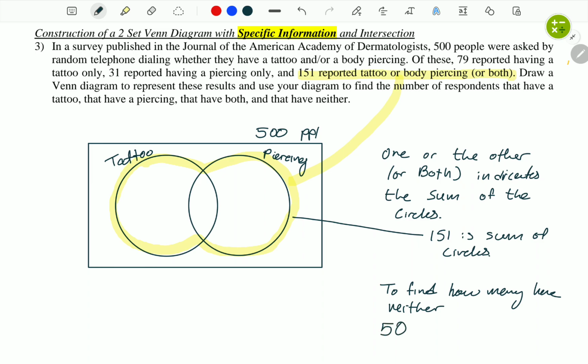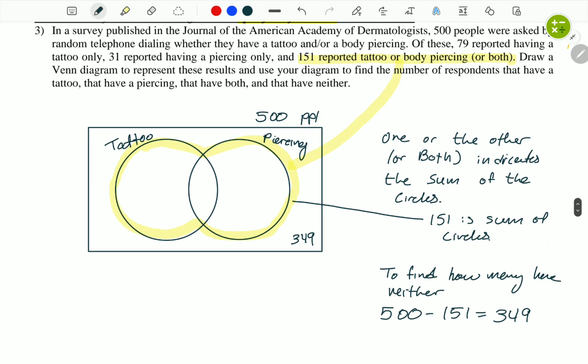So 500 minus 151 equals 349. And 349 has neither. So we're going to put that 349 right here. So we answered one of the questions. How many have neither? That's 349. We'll put that right here, and I'm going to box this as an answer.